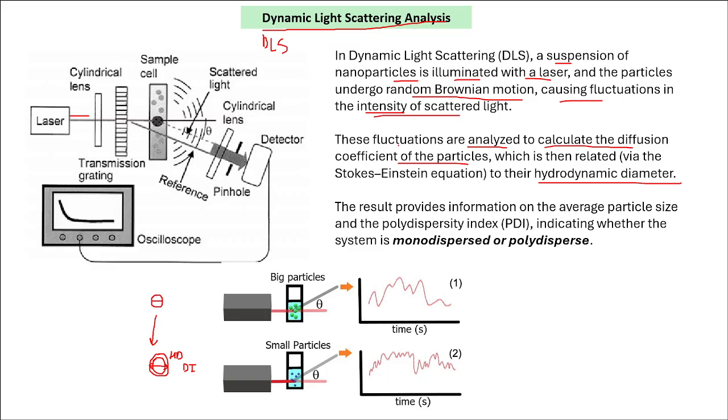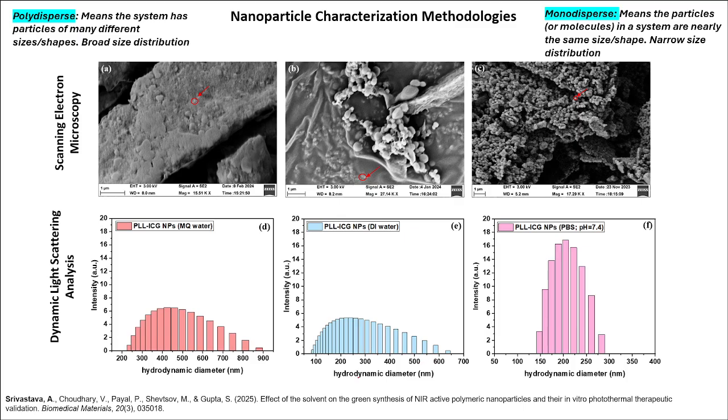So the result provides information on the average particle size and the polydispersity index, indicating whether the system is monodisperse or polydisperse. We'll see it with the help of data. Big particles usually result in this kind of spectra and small particles like this. This is also from one of my papers that was published last year.